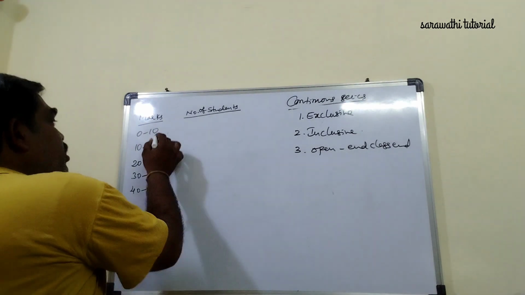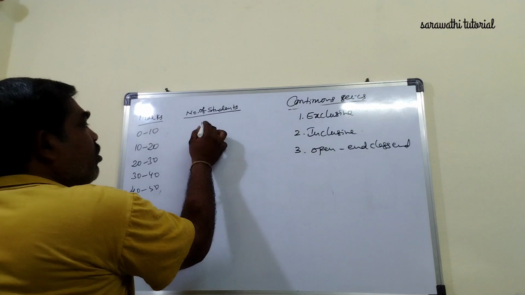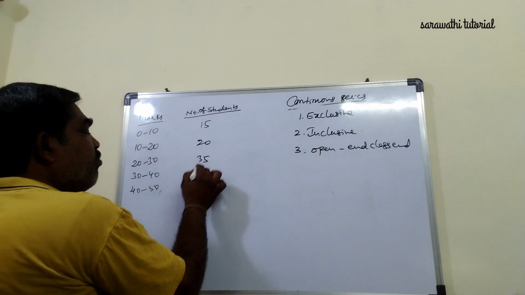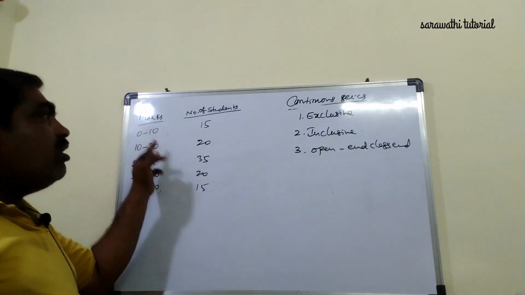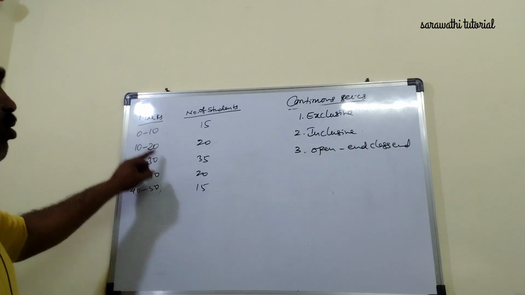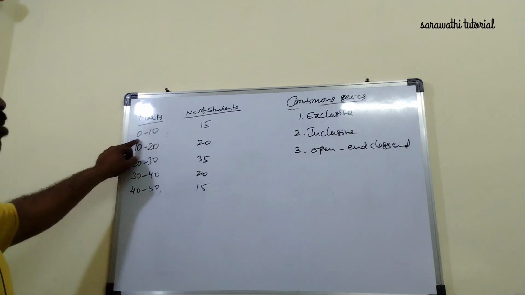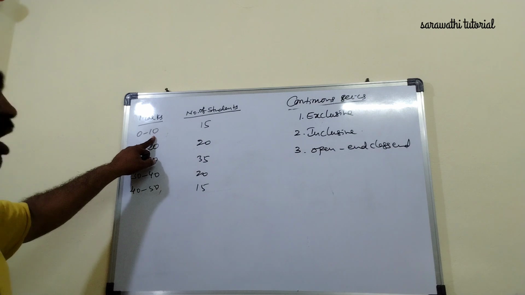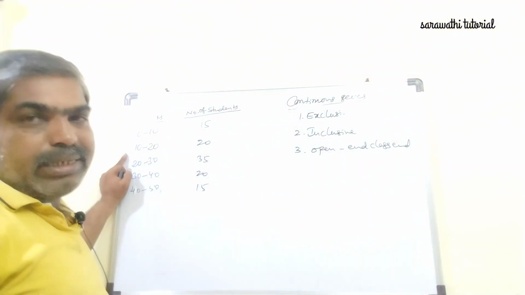So this is called the exclusive method. The frequencies are 15, 20, 35, 20, 15. The upper limit of the class is excluded from that class and included in the next class.